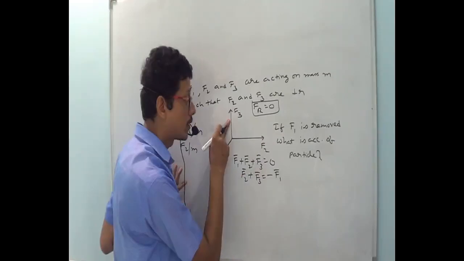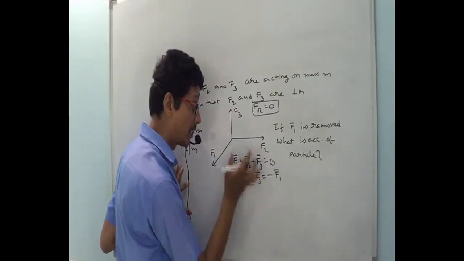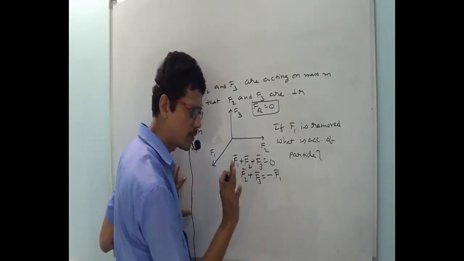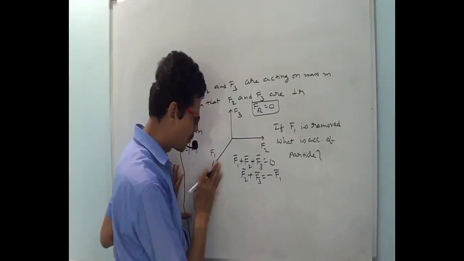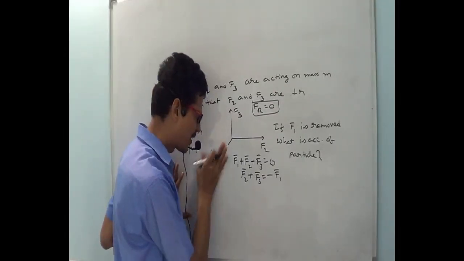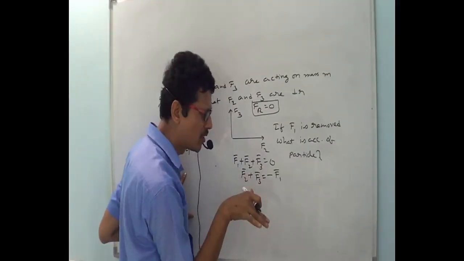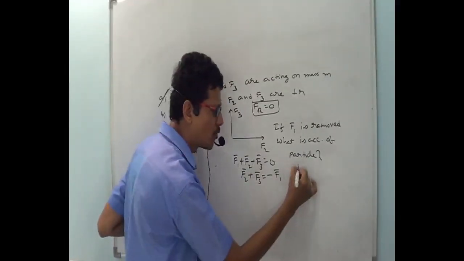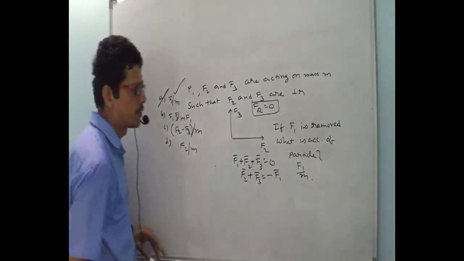That means the resultant of these two should be equal and opposite to this. Then only net force is 0. If I remove this force, what is the magnitude of the resultant of these two? F1 only. So F1 divided by M is the answer. So first option is correct.